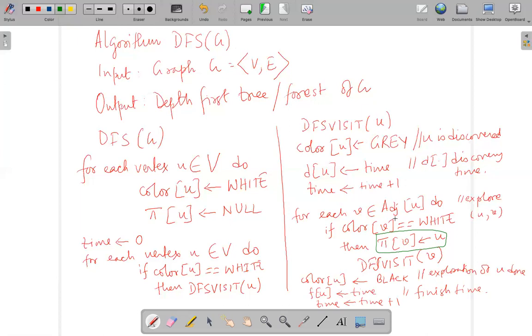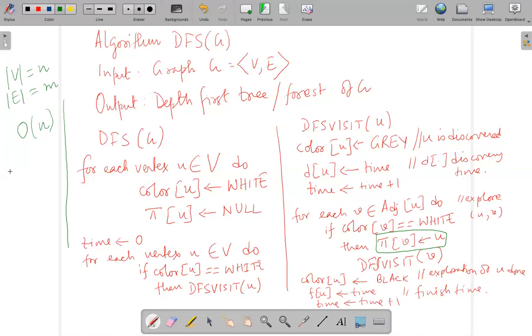Okay. So the complexity is very simple. Okay. This part takes order n, where, so let us say mod V is n and mod E is m.